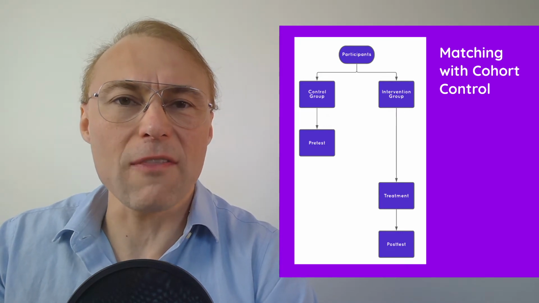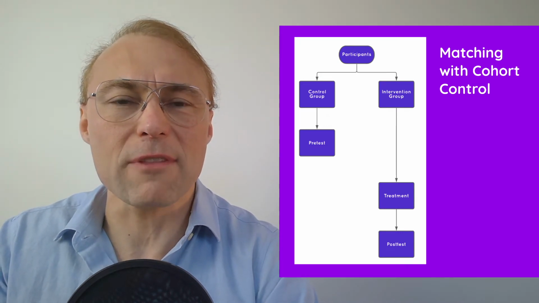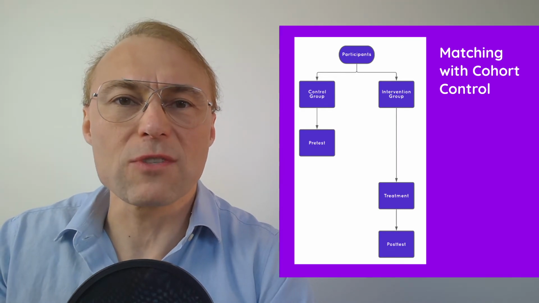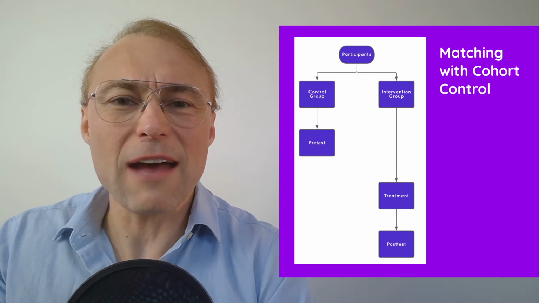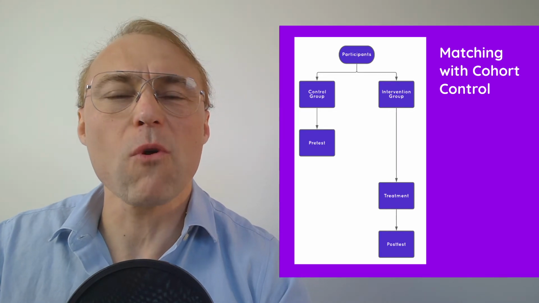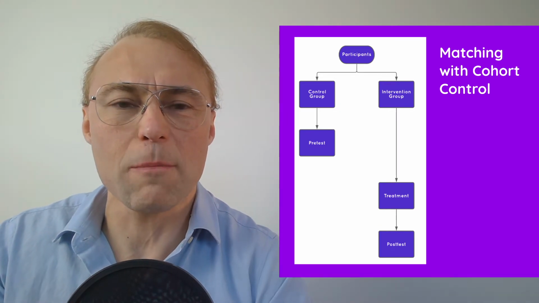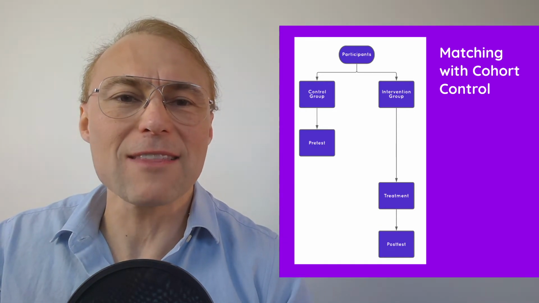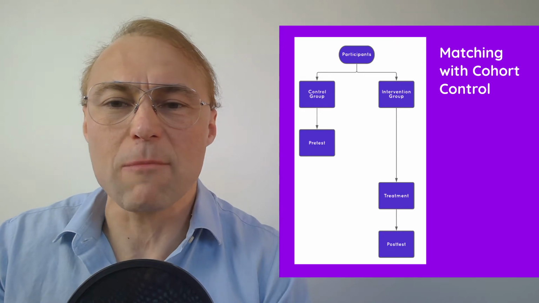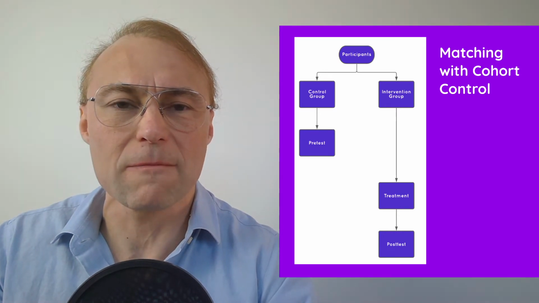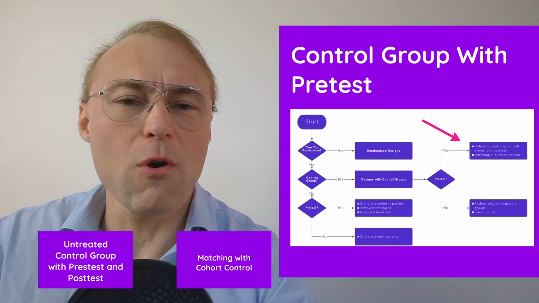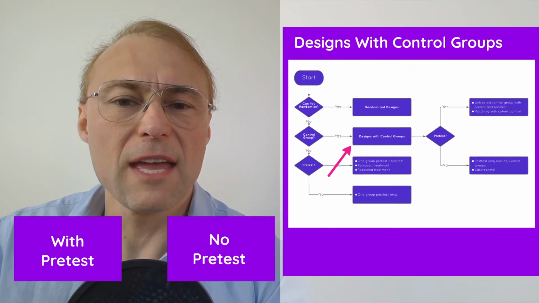They're going to get the online course and they're going to get the app with the daily tips. And then 6 months later, we're going to give their post-test. So here we still get good evidence because we have testing before and after our educational plan, but because it's a different group of people and because there is a time space between them, we have somewhat weaker evidence. So those are your two designs that have a control group with a pretest.